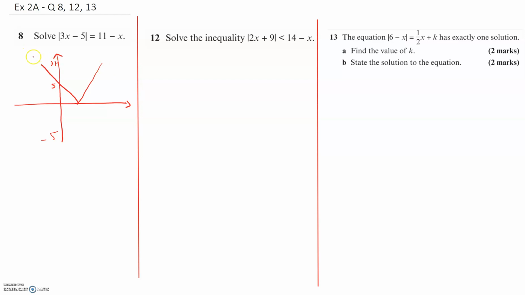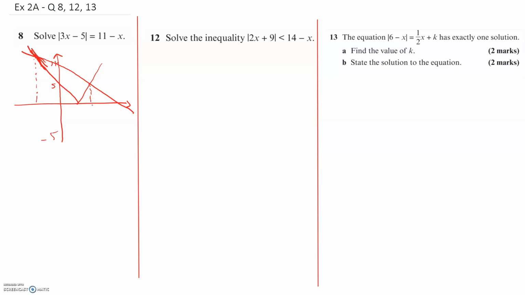So it's going to come down like this, and it will cross this line up here and give me a solution here. And it will cross this line here as well. So we're going to get two solutions from this.